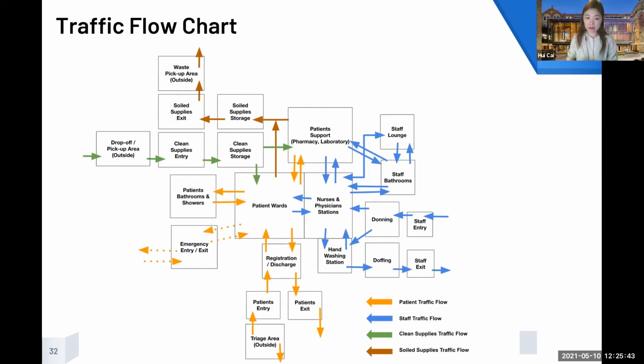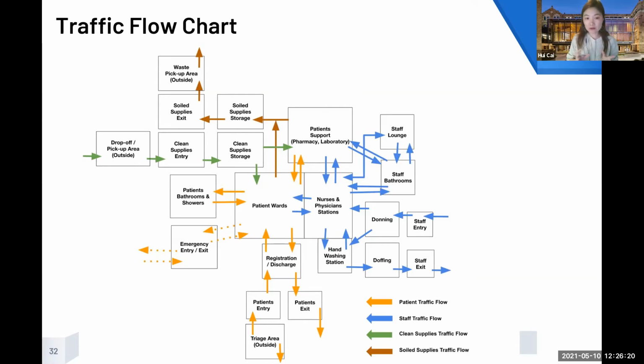However, in terms of the traffic flow chart, you might want to create 2 different scenarios: one for the tornado or natural disaster versus pandemic or infectious disease related traffic flow, because they do have quite a difference in terms of how you control the one-way circulation for the infectious disease related situation. That might have a different impact in terms of how the adjacency of the space would work.